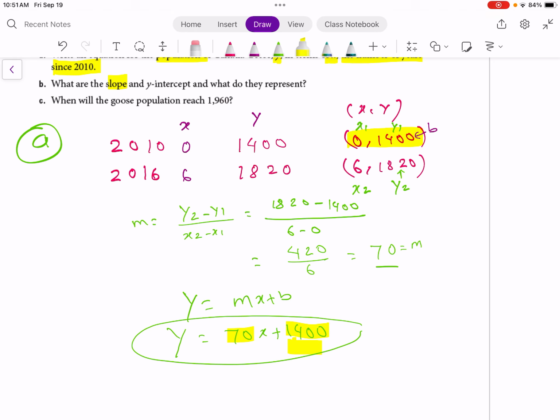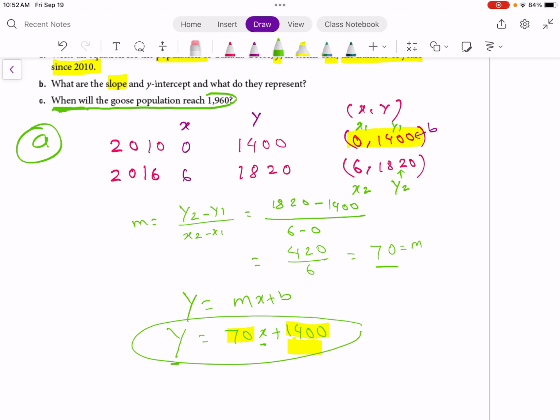Okay. Now, last question. When will the geese population reach 1960? Now, we have two variables, x and y. So, when will the geese population reach 1960? What are we asked to find? Are we asked to find x or y?